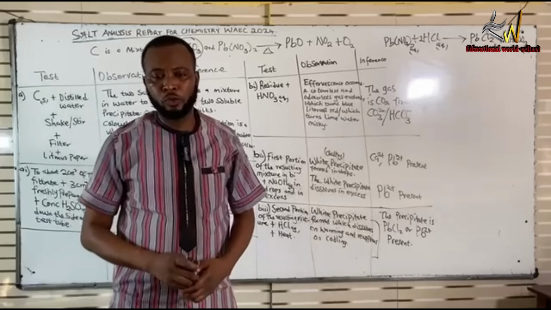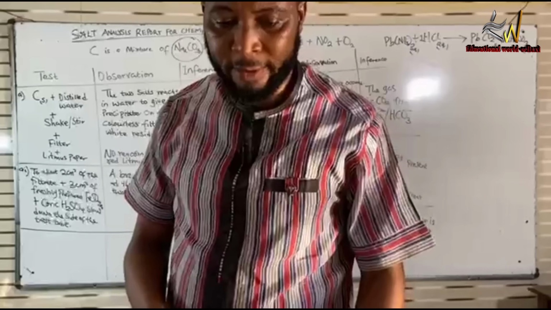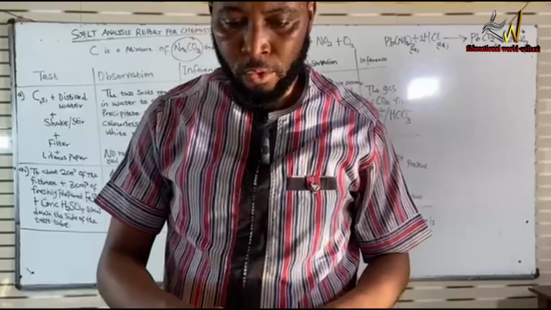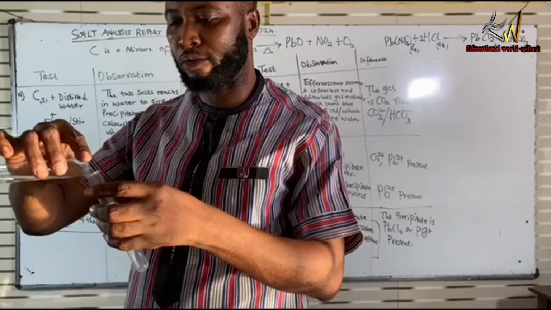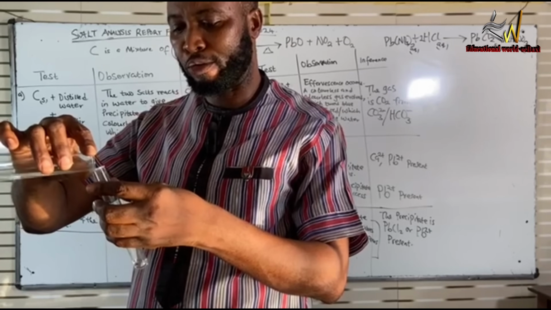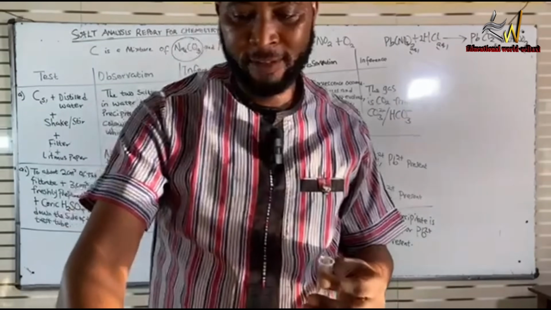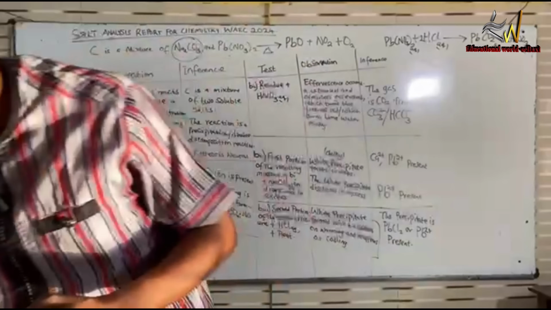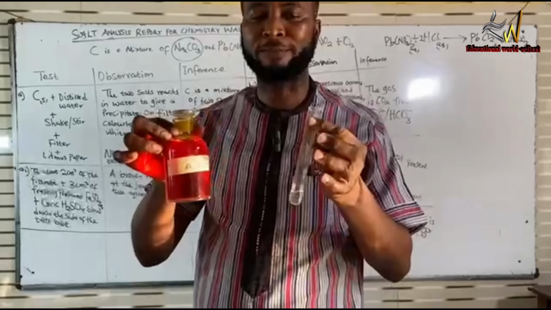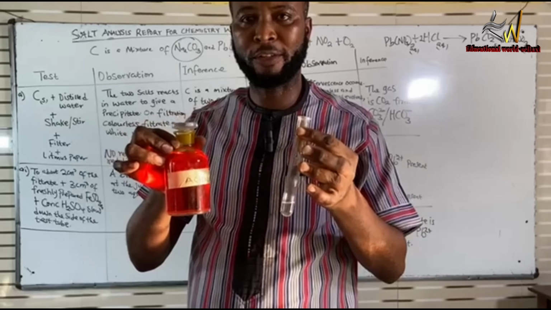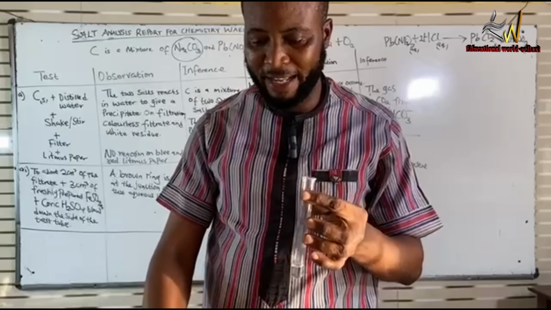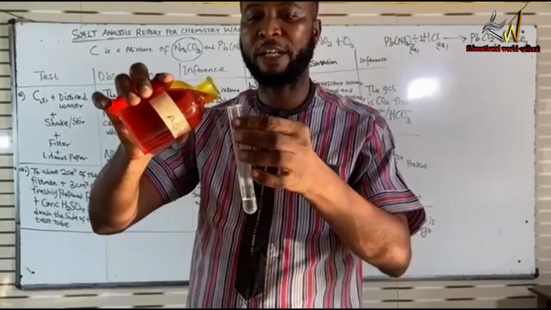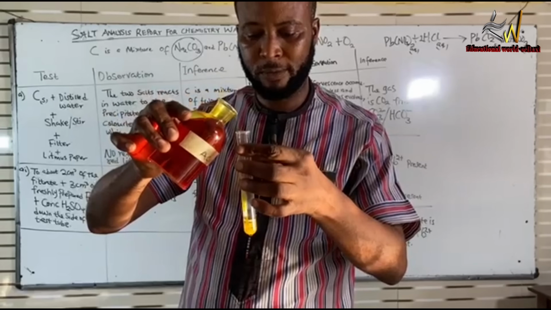Let me conclude by confirming lead for you. You may be asked to add acidified K2Cr2O7 to the resulting mixture from B1. When that happens, you will have a yellow precipitate. I've run it.